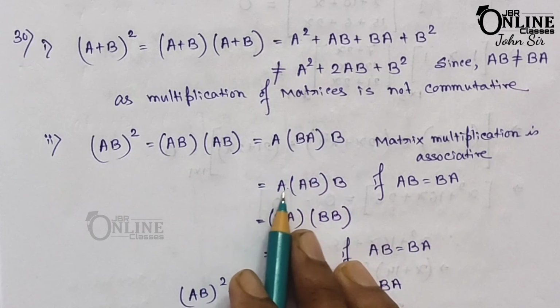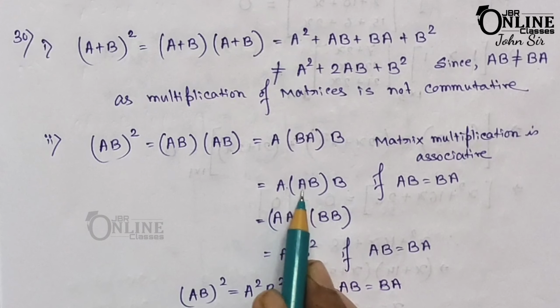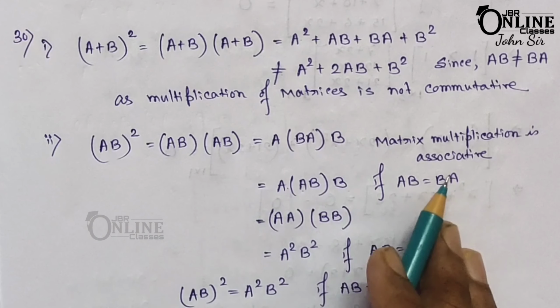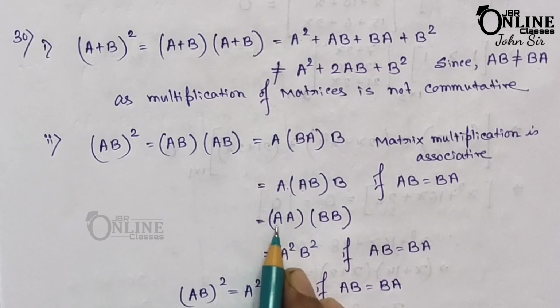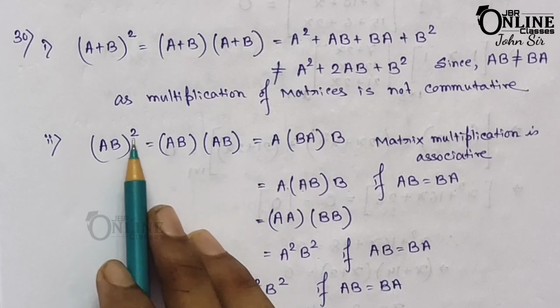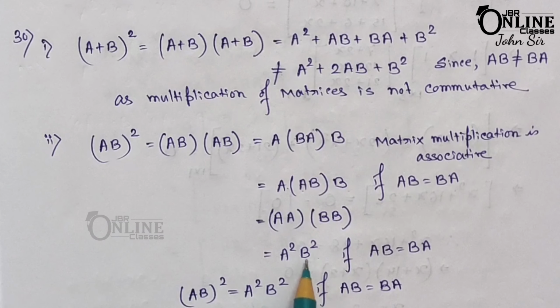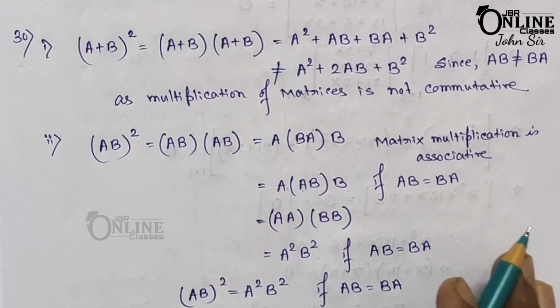So here you can write A into AB into B, if AB equals BA. Otherwise it is not possible. So that is A into A, B into B, that means A² into B². So (AB)² equals A²B². It is possible if AB equals BA, otherwise not.